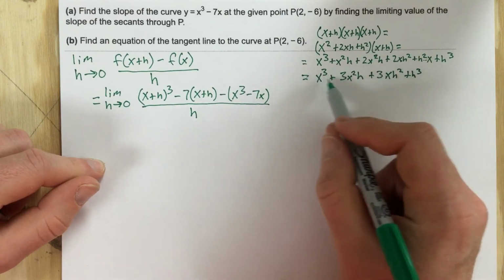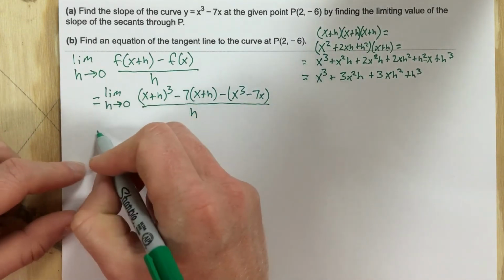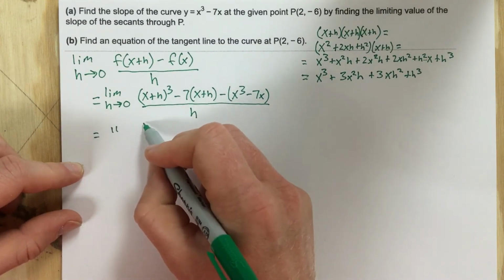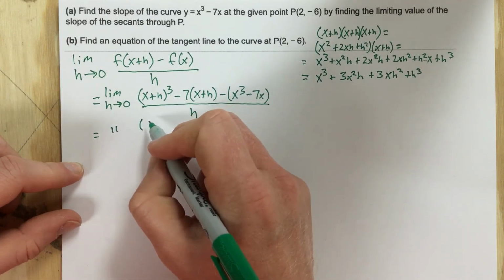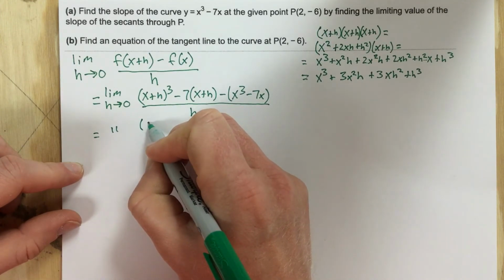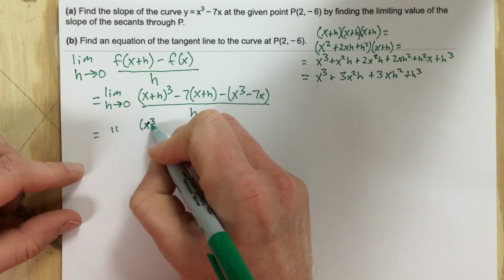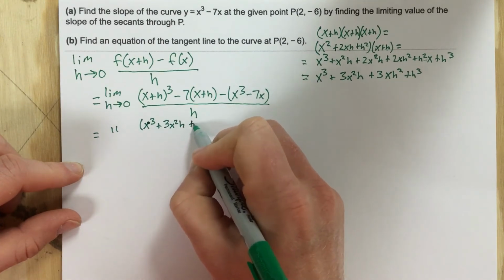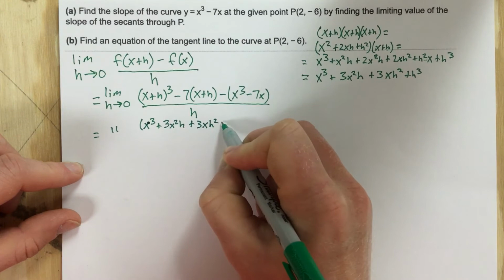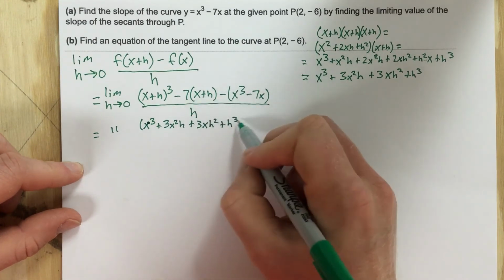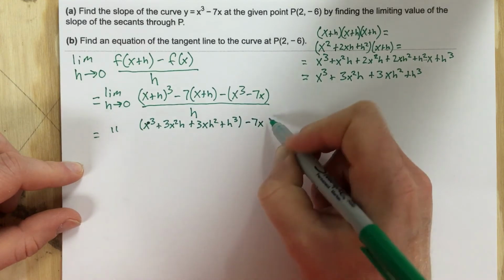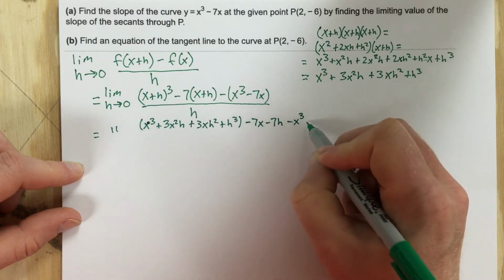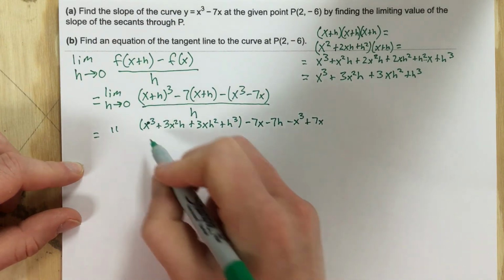All right, I can take that now and substitute it in here for this x plus h cubed. So I end up with x cubed plus 3x squared h plus 3xh squared plus h cubed. Distribute there, so minus 7x minus 7h minus x cubed plus 7x, and that's all over h.